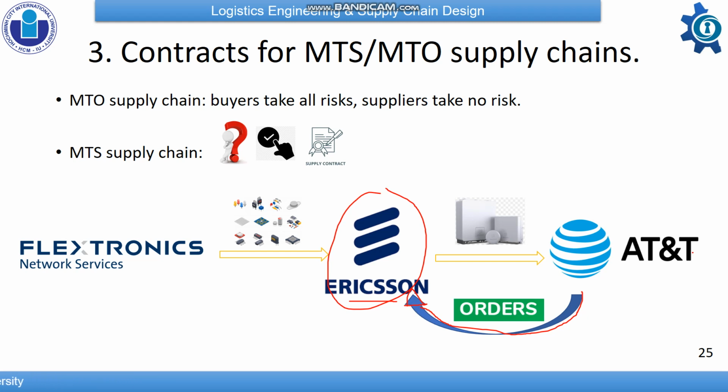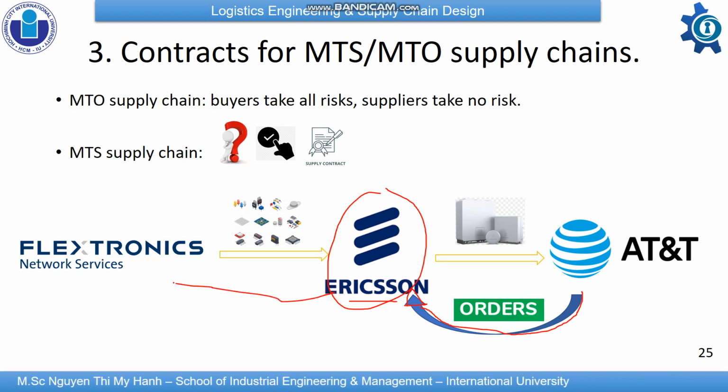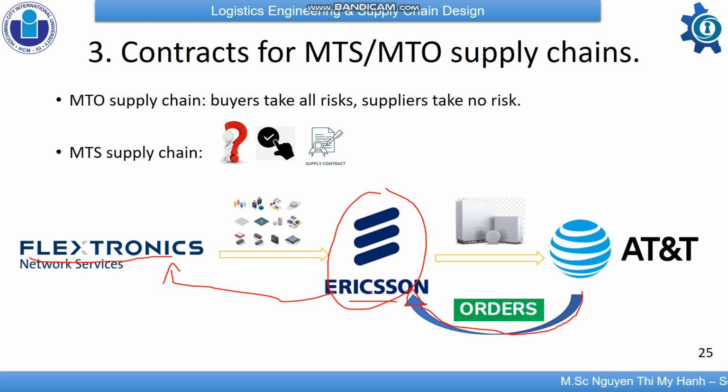So here AT&T is the customer of Ericsson, and Ericsson is the customer of Flextronics. And Ericsson only makes orders to Flextronics when they have the confirmed order from AT&T. However, Flextronics cannot just wait until Ericsson places an order and then start making the component, because the lead time of each component is different, so they have to buy in advance and make the components in advance.